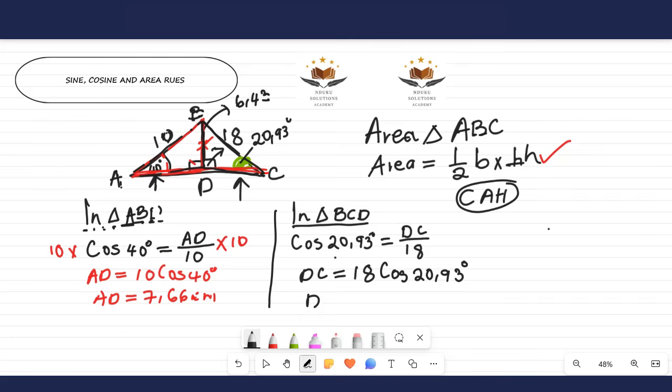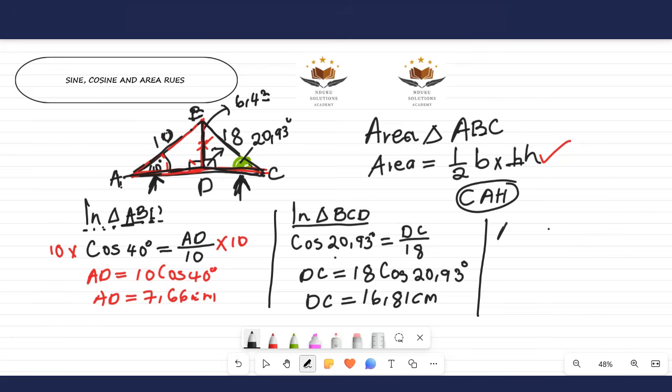If we press this in the calculator, it will give us 16,81 centimeters. Now that we have this side and that side, we can find AC.